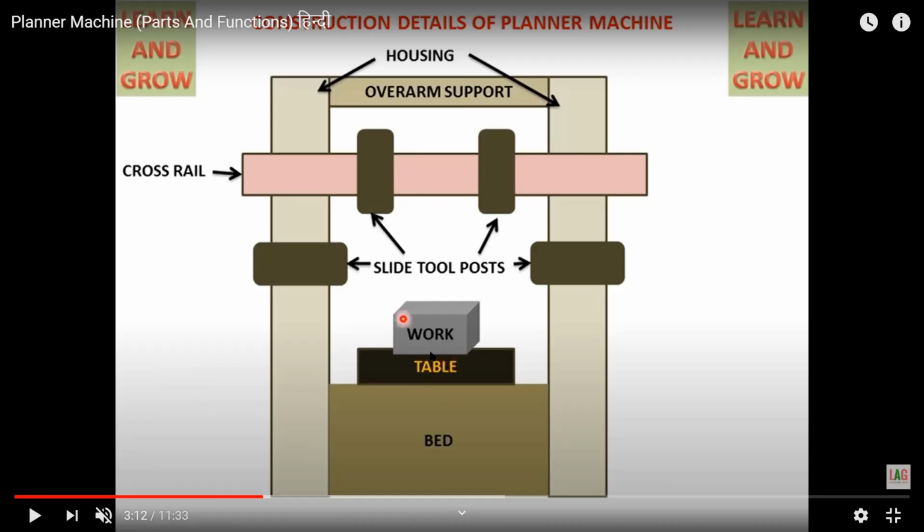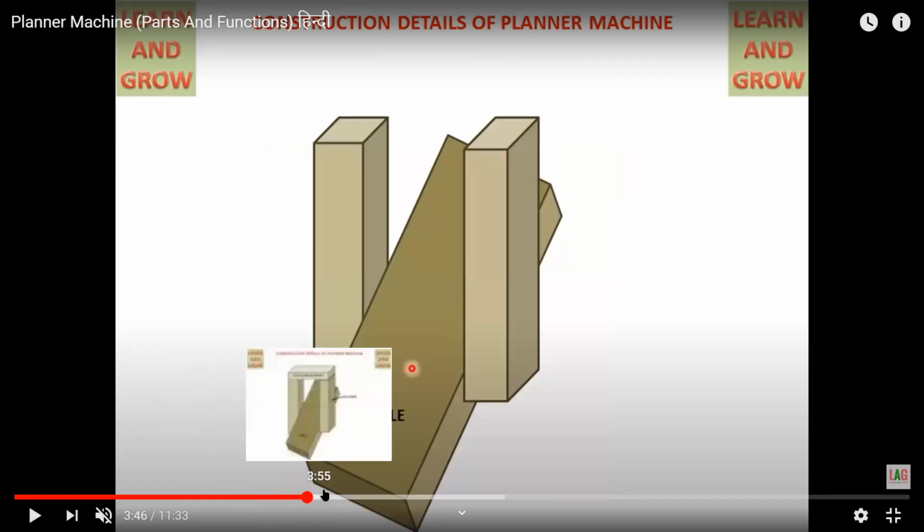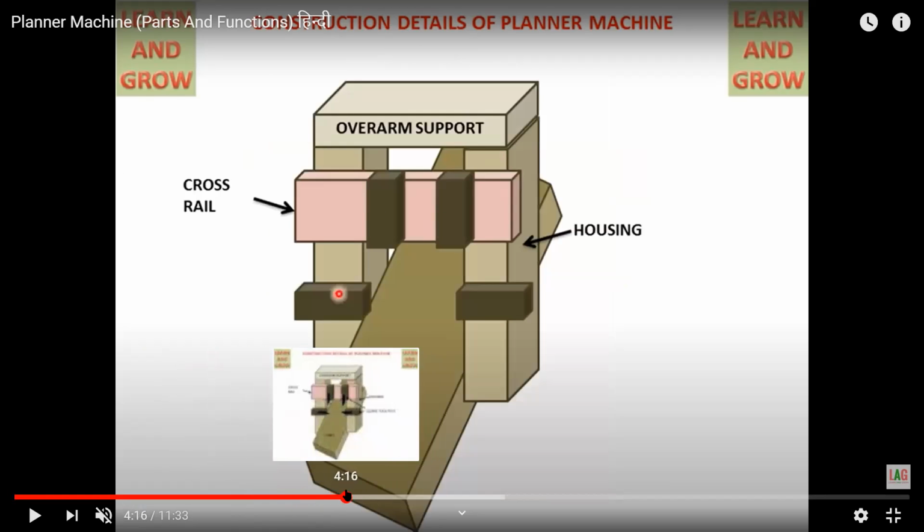Now what we are doing here, we are just reciprocating this work. Whenever we are reciprocating this work, as we are having the single point cutting tool in this tool post, the single point cutting tool is completing the job. You can see here in the side view also, as I have already shown.